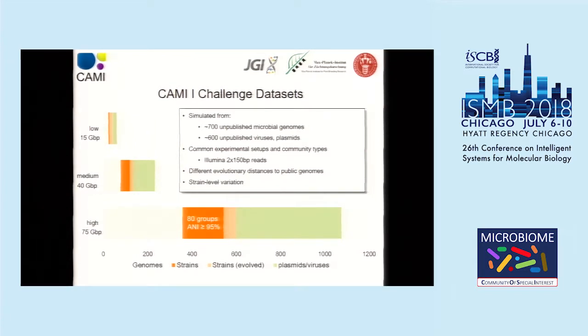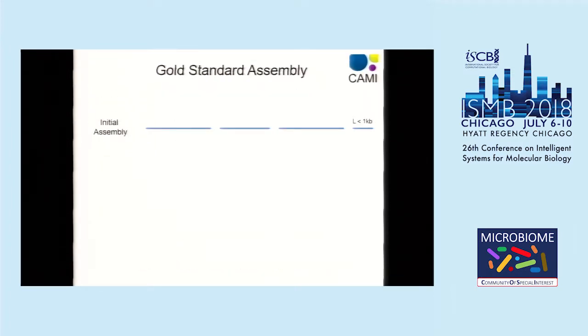Again, you've seen this a couple of times now. I'm going to talk about the high complexity data set, which has about 1,100 genomes and plasmids in it. The way we generate the gold standard looks like this. We start with an initial assembly of a known, unpublished isolate genome, which of course most of the time is not a closed genome.